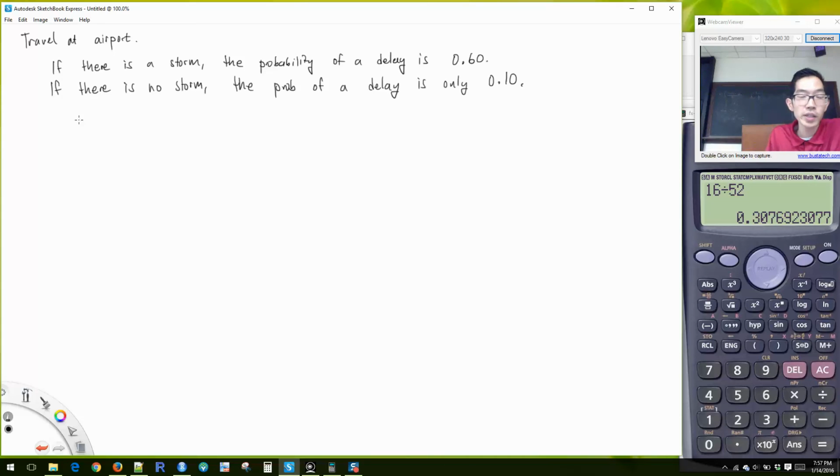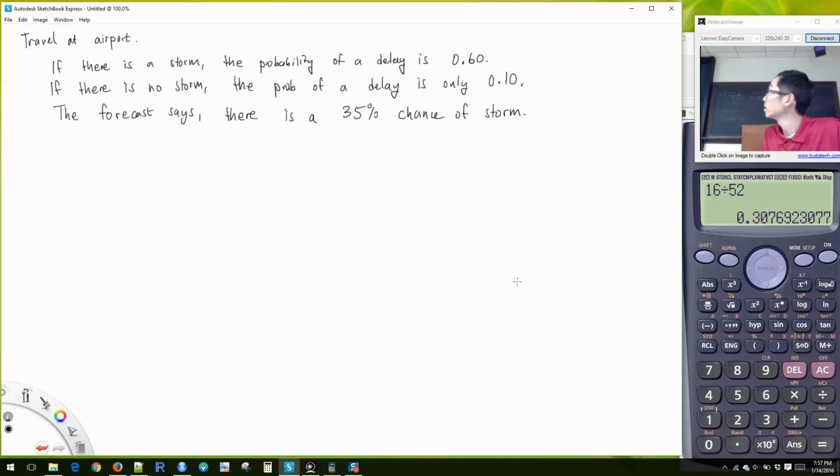And we will say the forecast says there is a 35% chance of a storm. Okay, so I'm going to ask, what is the probability that your flight gets delayed?